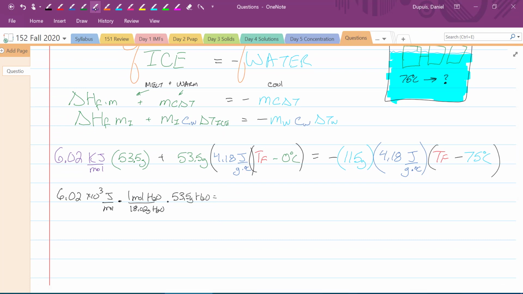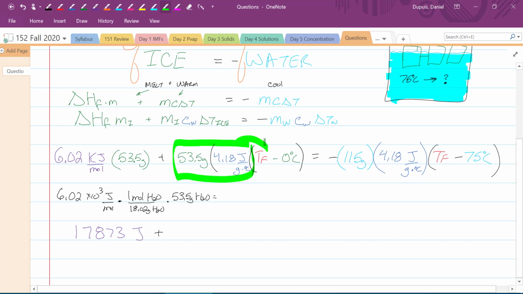So I'm just going to write that down here. 17,873 joules plus, now we have to do that first, and then times T_F, and then times 0. Well, times 0 is nice. So we get 53.5 times 4.18, and I get 223.63. Joules per degrees Celsius times T_F.